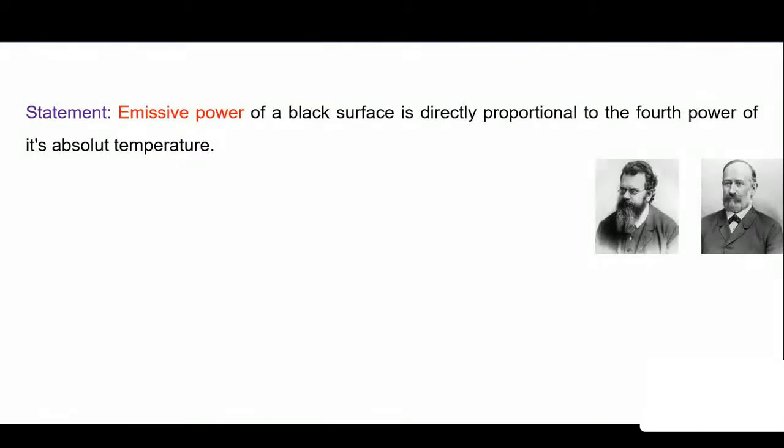So if such a surface is present, then the energy emitted by such a surface is going to be proportional to the fourth power of its absolute temperature, where absolute temperature means temperature expressed in unit Kelvin, not in degrees Celsius. So this is the statement, that is, the emissive power of a black surface is proportional to the fourth power of absolute temperature.